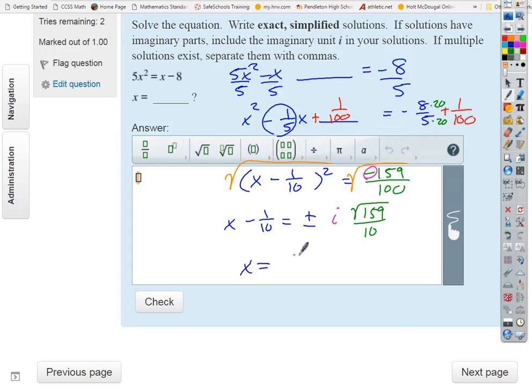x equals, we'll put the 1/10 in front of the plus or minus. So 1/10 plus or minus square root of 159 over 10 times i.